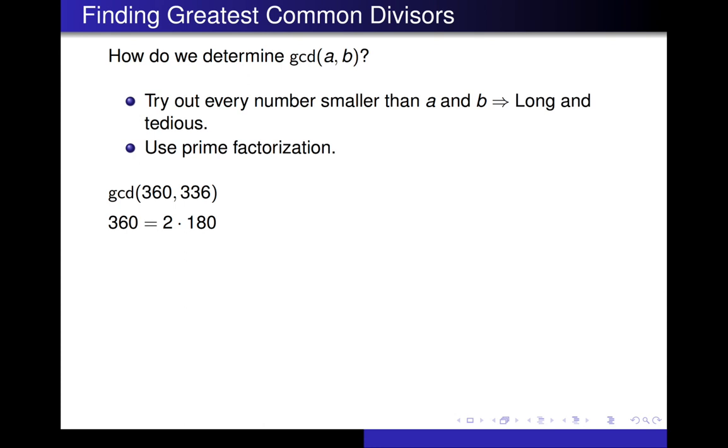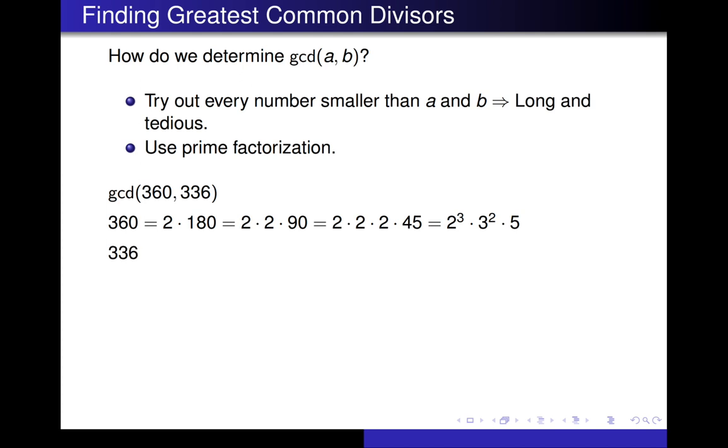We get 2 times 180. 180 is still even, so let's keep on going. 180 is 2 times 90, so we get another factor of 2. 90 is even. Let's just keep going with the 2s as long as we can. 2 times 2 times 2 times 45. Okay, we ran out of 2s, but actually 45 is pretty easy to factor. It's 9 times 5, which is 3 times 3 times 5. So we get 3 factors of 2, 2 factors of 3, and 1 factor of 5 in our prime factorization.